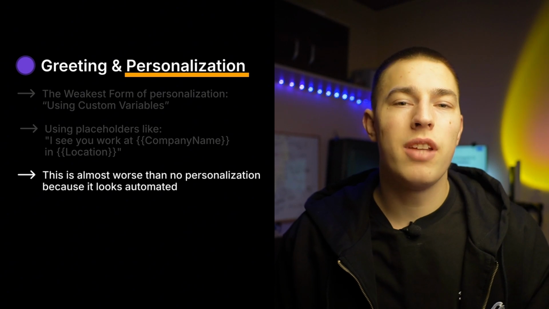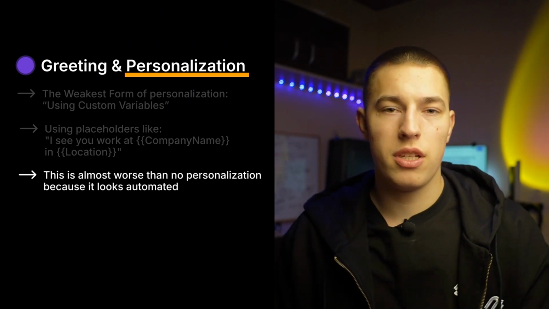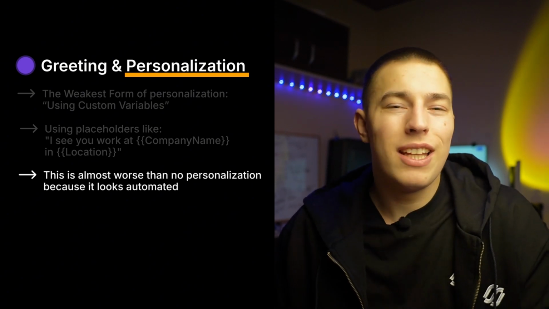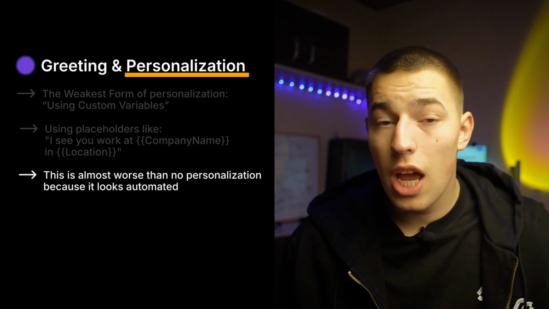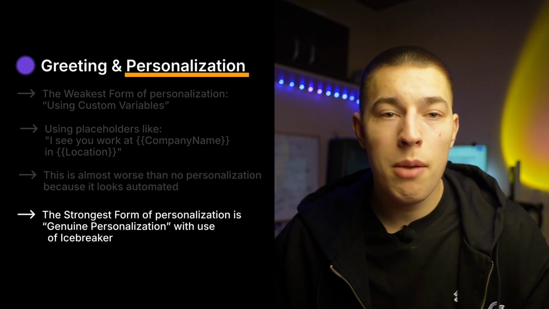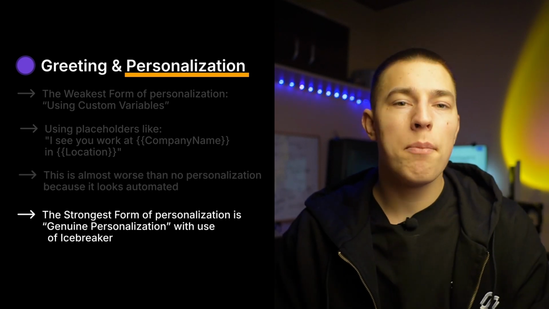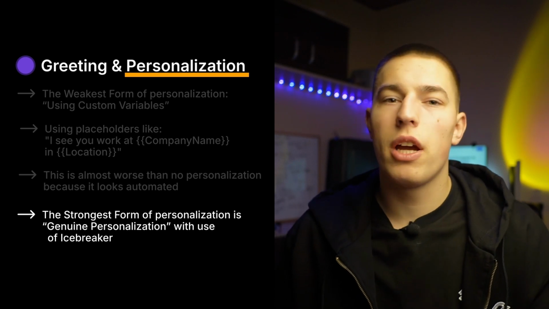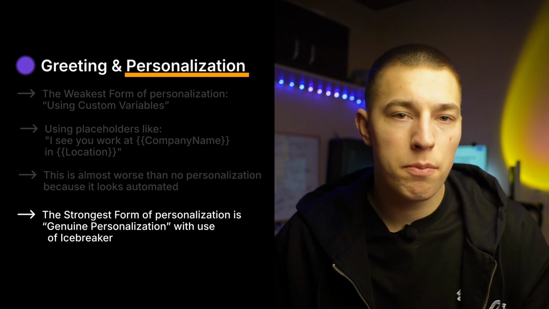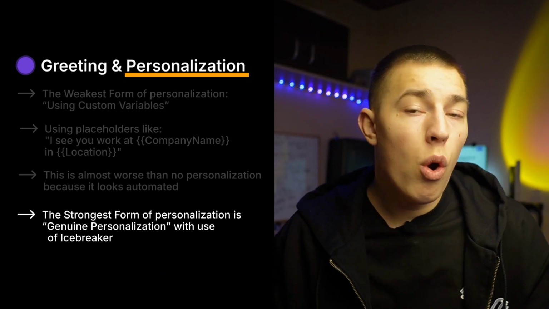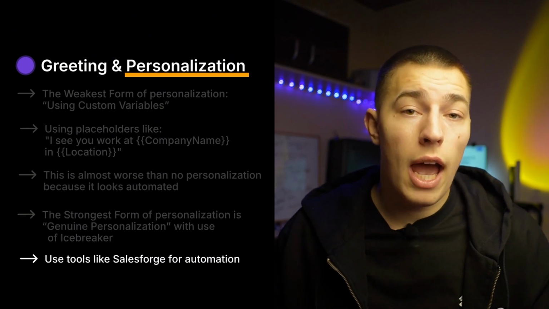This type of personalization is almost worse than no personalization because it lets the prospect know that the email is automated. So instead, you want to genuinely personalize cold emails with an icebreaker. And you do that by either learning about your prospects and writing unique lines for each and every prospect and using them as custom variables, or you let AI do all the work with apps like Salesforge.